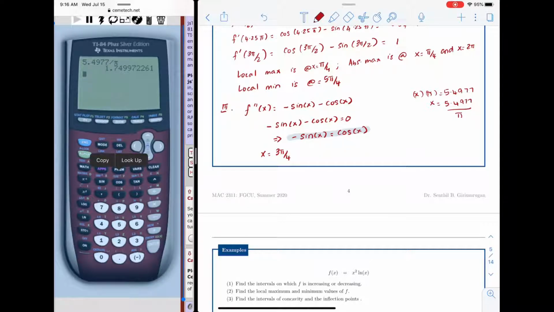So how do we get 1.75? We could simply add pi to this value. That would be 7 pi over 4. Let me do this again.